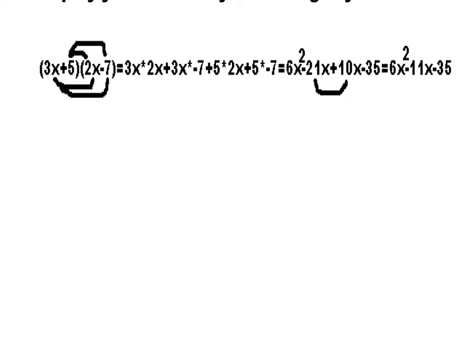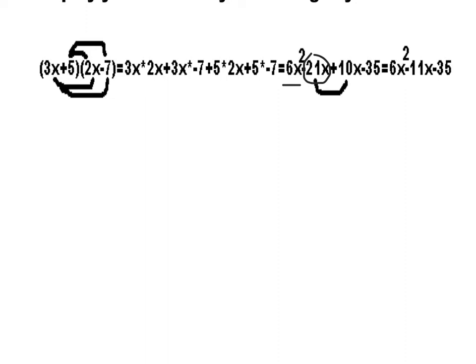Multiply these two together, you get 6x squared, which is here. Now take the first term of the first bracket, which is 3x, multiply it by the second term in the second bracket, which is negative 7. 3x times negative 7 gives you negative 21x, which is here.